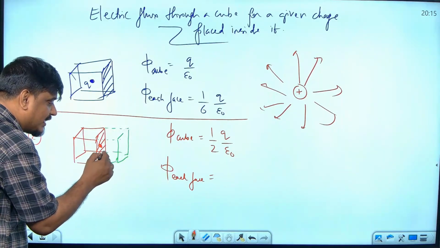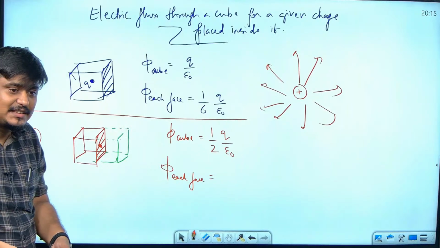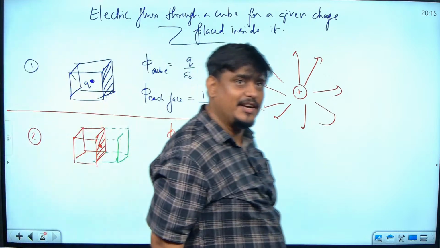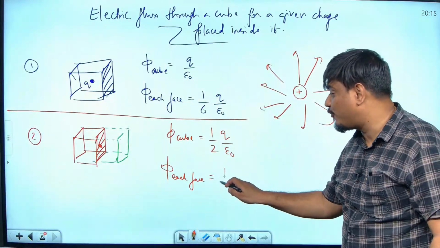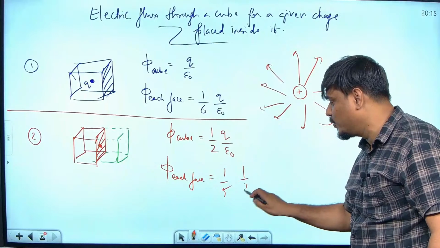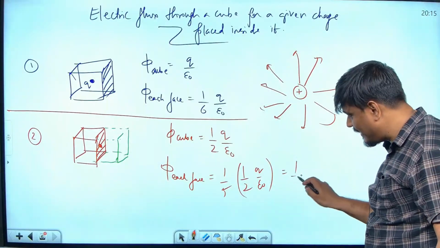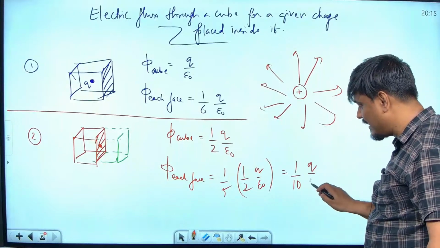You know why? Only the charge is present there. I am releasing the flux in all directions except this face, right? So 5 will be there. 1 by 5 times of 1 by 2 times of Q by epsilon naught. The answer is 1 by 10 times of Q by epsilon naught.